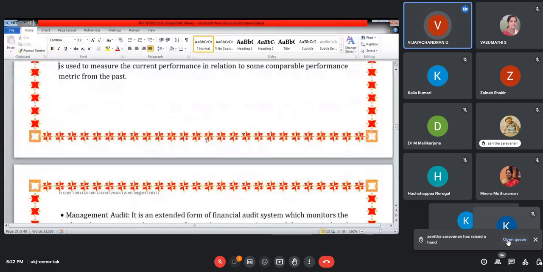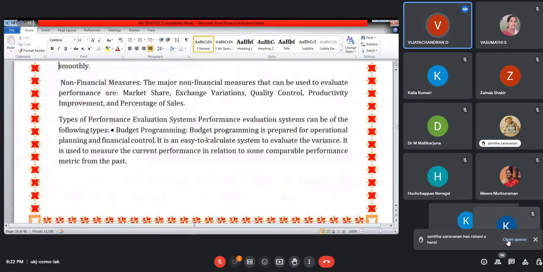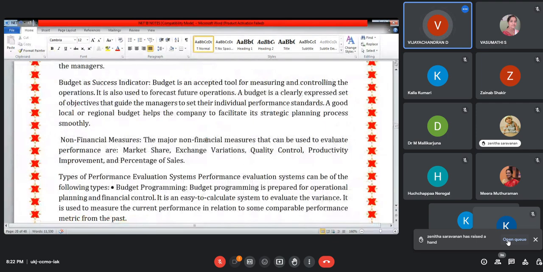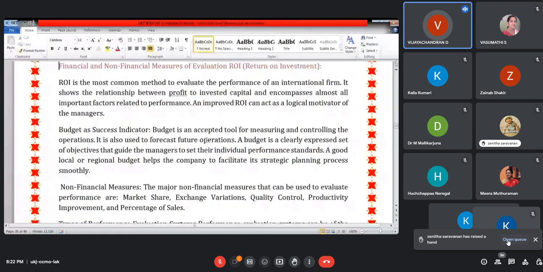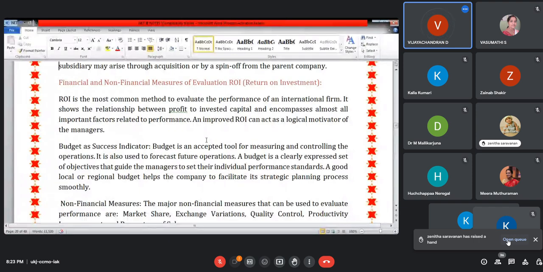Next, I'm moving into what are the ways you have to analyze the foreign trade. Before entering into the foreign trade, what are the ways you have to analyze? ROI, return on investment. Also, you have to see the budget. So your cost benefit analysis you have to see.